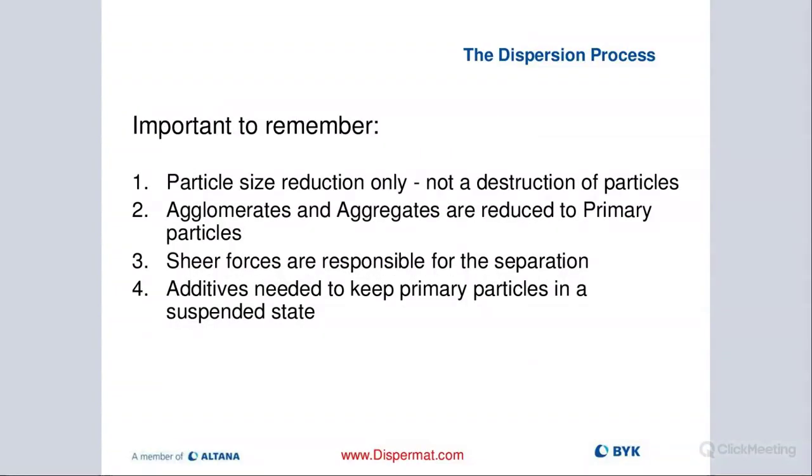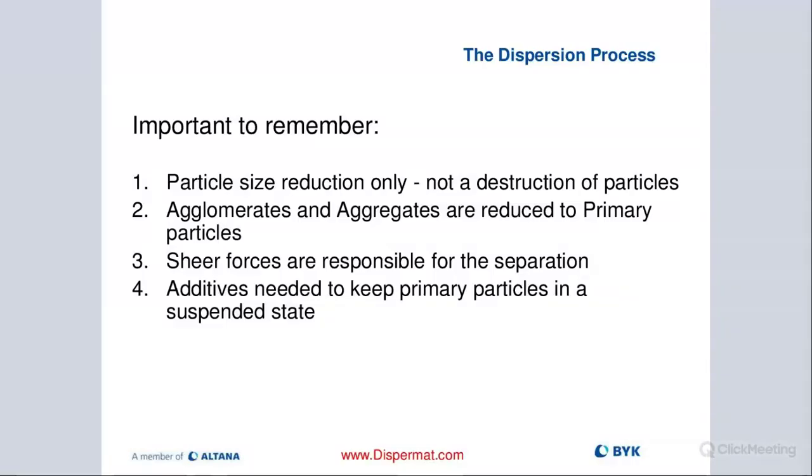So important to remember there is we are only trying to reduce the particle size and not destroy them. So we want to break up the binding forces and separate these particles and then basically keep them in a suspended state. So these agglomerates, we use a Cowles blade, turn them into aggregates, and then from the aggregates down to the primary particle size is when we actually use the media mills.